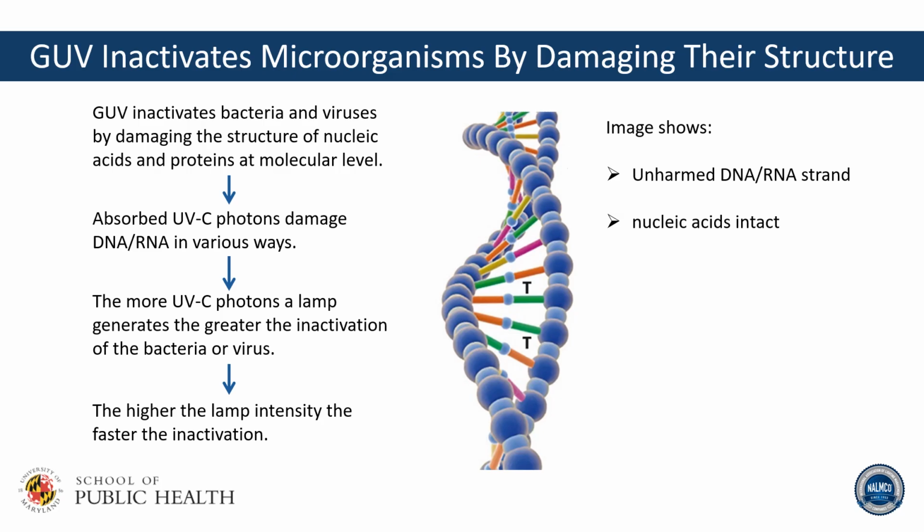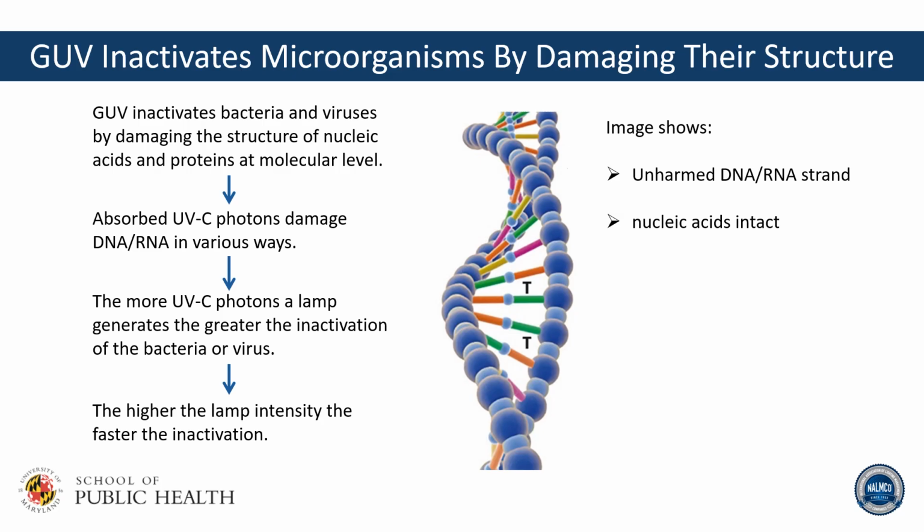The more UVC photons a lamp can generate, the higher the intensity and the greater the inactivation of the bacteria or viruses. The higher the lamp intensity, the faster the inactivation.